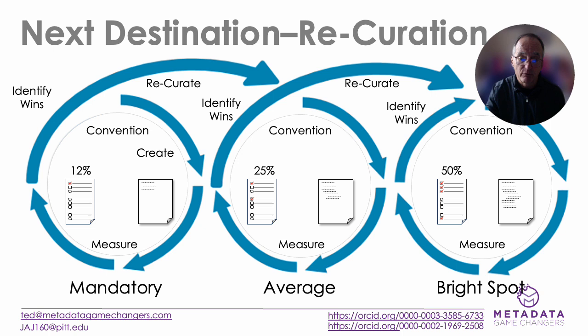So the recuration process that we've talked about is an important one, and it's important for us to think about these repositories in the global research infrastructure as things that evolve as a function of time, things that improve their quality as a function of time. And we think about that in terms of a process which is called continuous improvement.